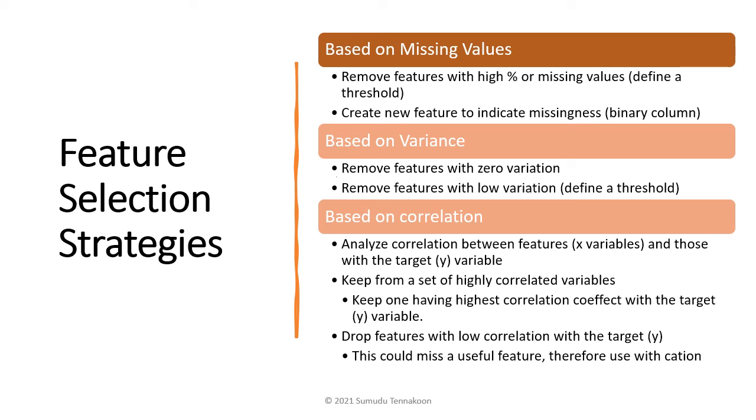You can also use the correlation coefficient. Analyze the correlation coefficient between features, and between the features and the target variable. You can keep a set of variables that are highly correlated with the target variable, those with the highest correlation coefficient with the target. In some situations, you have to decide which feature to remove.